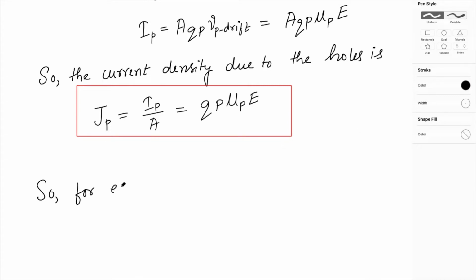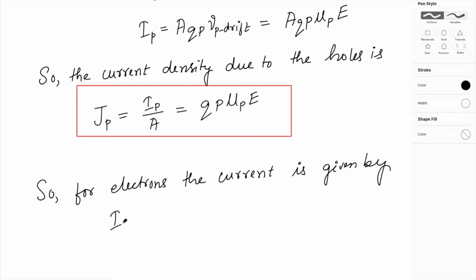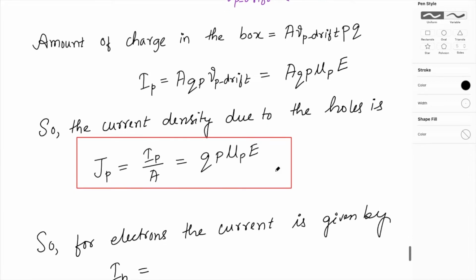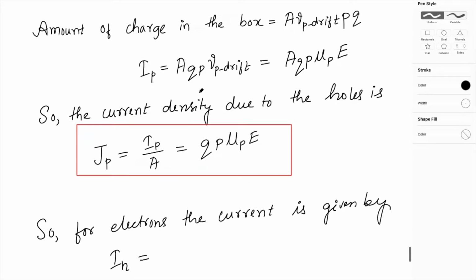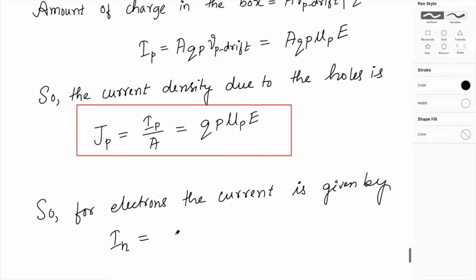So for electrons, the current is given by, again, the current will be In is equal to, of course, now the negative charge is flowing. Okay, so here we have to be a little careful. So this is the negative charge that will be flowing, so it will be minus.